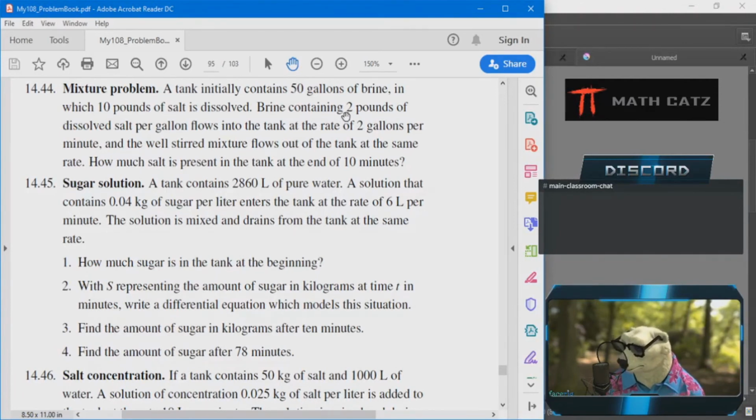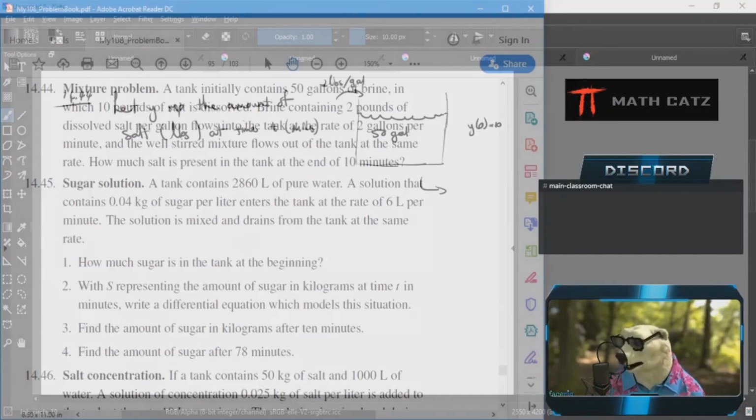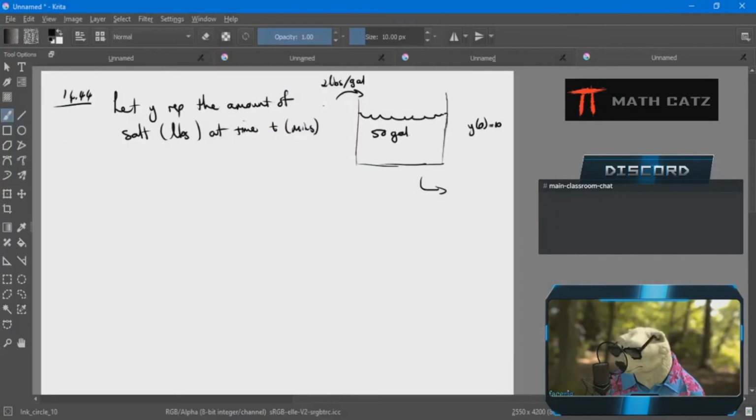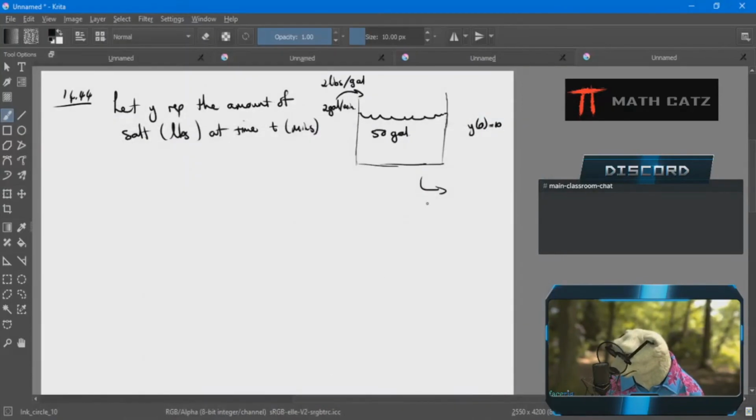It contains 2 pounds of salt per gallon, coming in at a flow rate of 2 gallons per minute. And it's flowing out at the same rate of 2 gallons per minute.